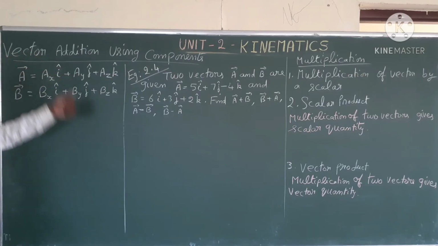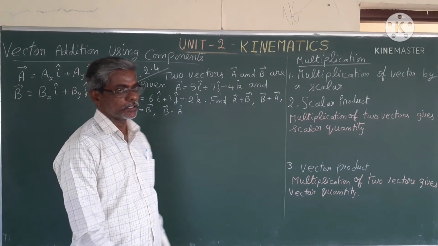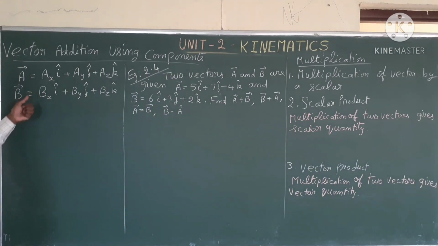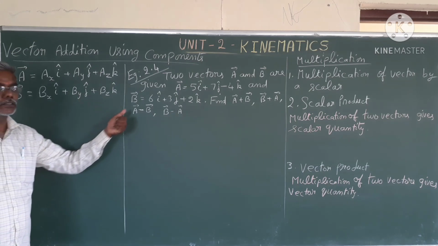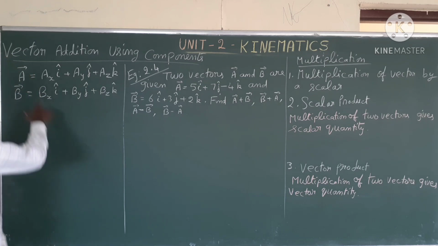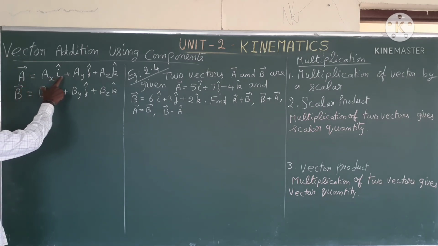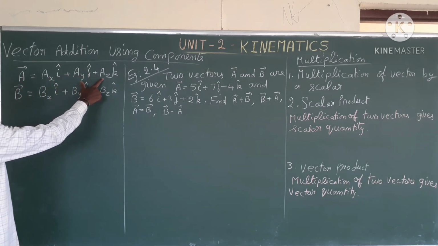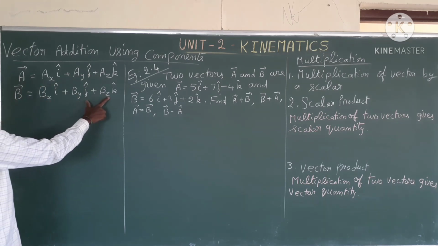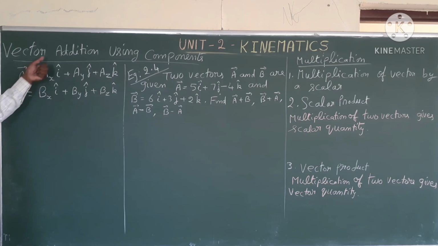So next, vector addition using components. Let A vector and B vector in Cartesian coordinate system be expressed as A vector is equal to Ax i plus Ay j plus Az k. B vector is equal to Bx i plus By j plus Bz k. Now the question is adding two vectors.